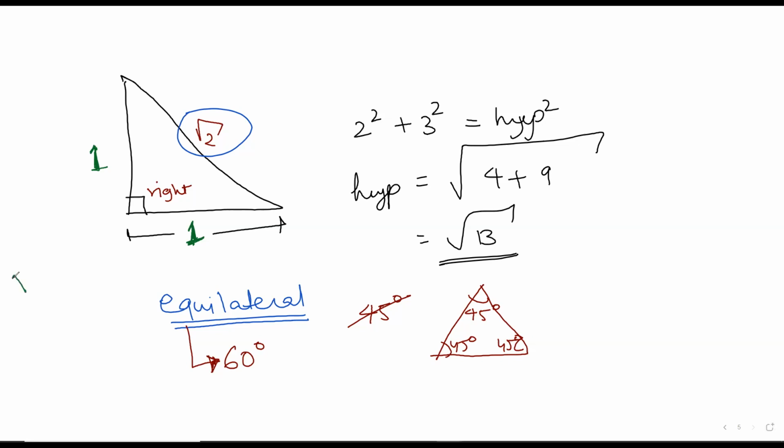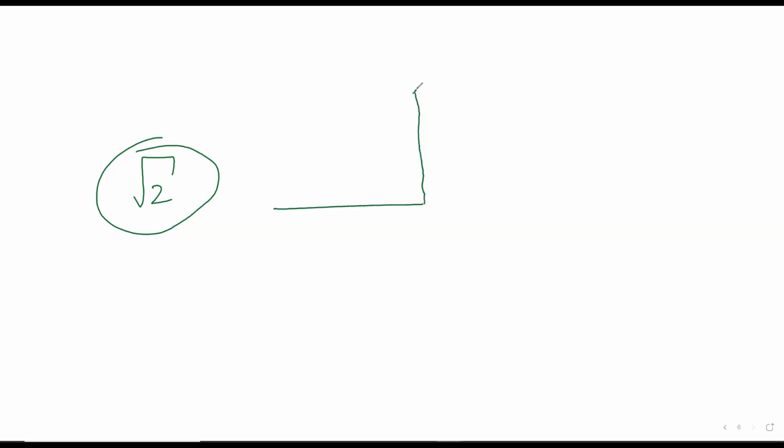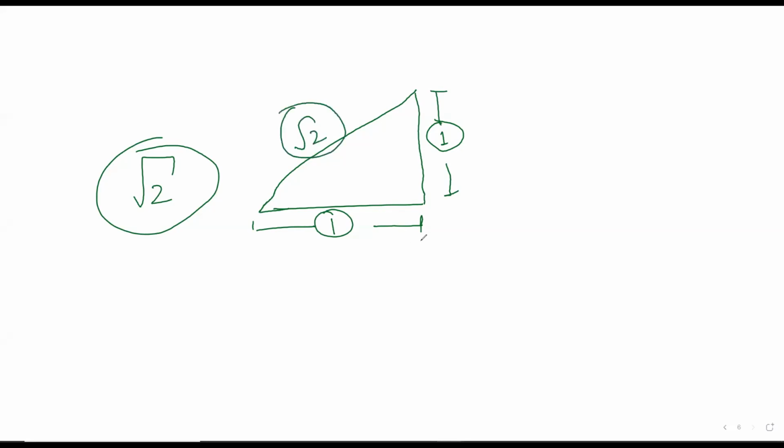Because then our hypotenuse will be root of 1 square plus 1 square, which is under root 2. So this is our hypotenuse. So if I want to know what root 2 looks like, how much it measures, I can just construct a right angled triangle with both of its sides as 1 unit each. And then this hypotenuse will turn out to be root 2.